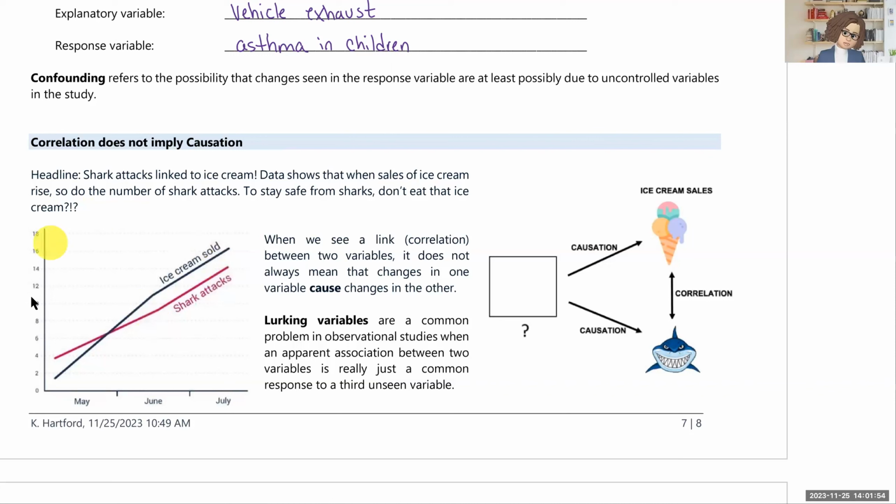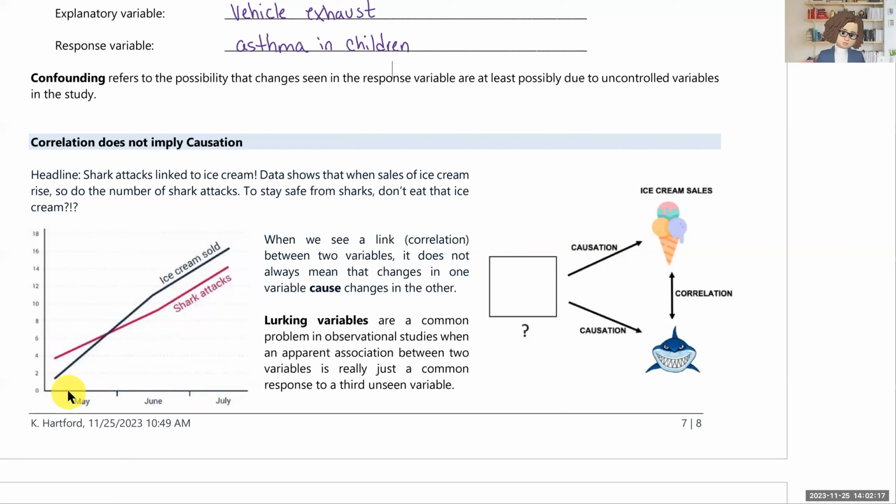So the reality here, this graph is true. It turns out that as more ice cream is sold in this country, the number of shark attacks also tend to increase. So the two variables are correlated. They are kind of changing in the same way.